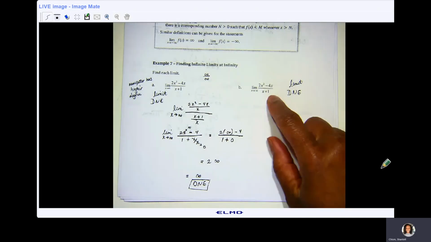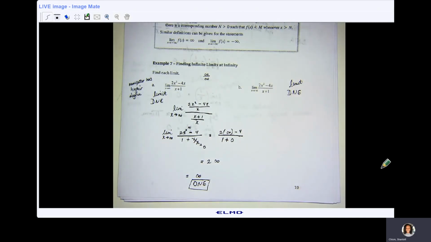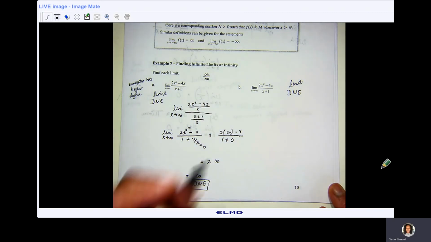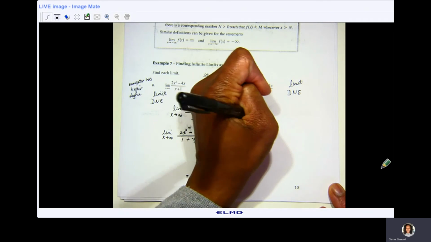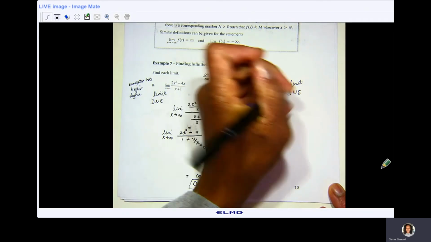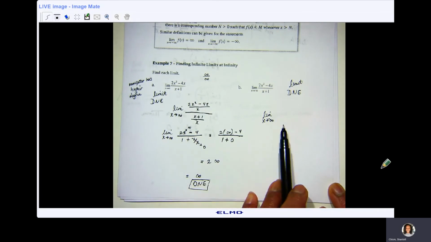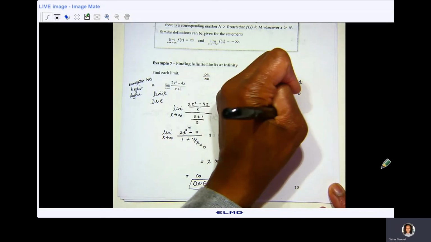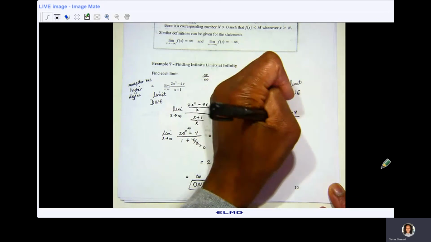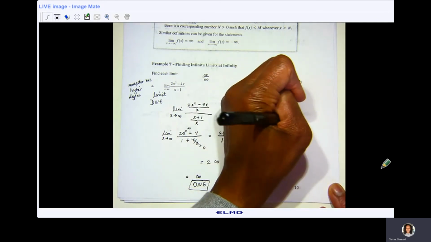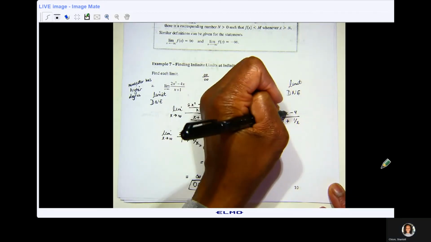Same thing is going to work out here, very similarly, so you'll basically end up with the same limit value. The only difference is x is approaching negative infinity. So you would simplify it the same way, and you would end up with 2x minus 4 on top, and on the bottom 1 plus 1 over x.